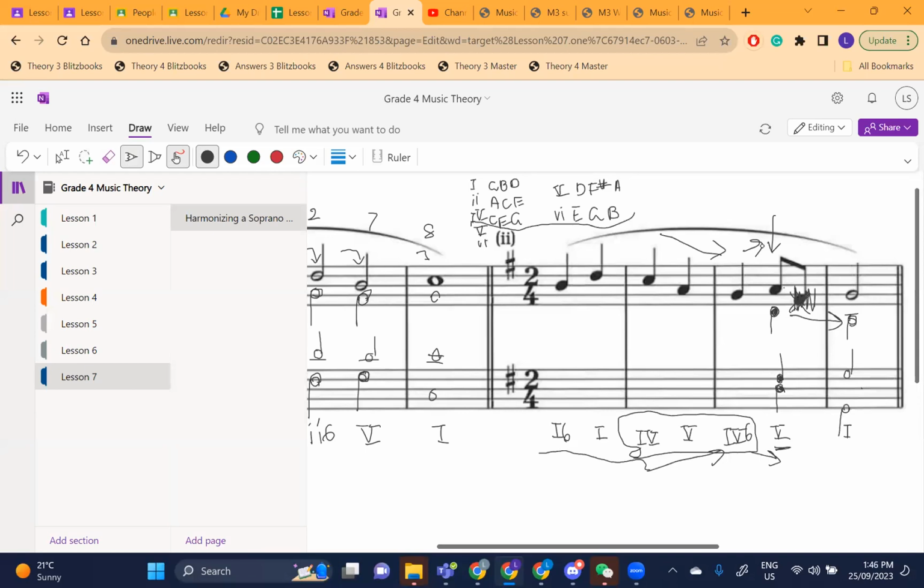Yeah. So that's when we did perfect cadences. And now 4/6.